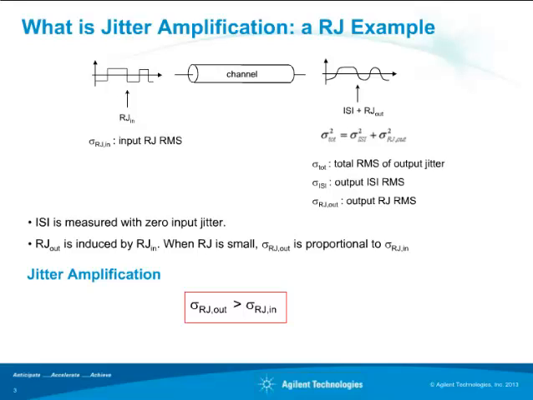So we can see the effect of amplification has nothing to do with ISI. It purely happens between the induced RJ that is introduced by the input jitter.